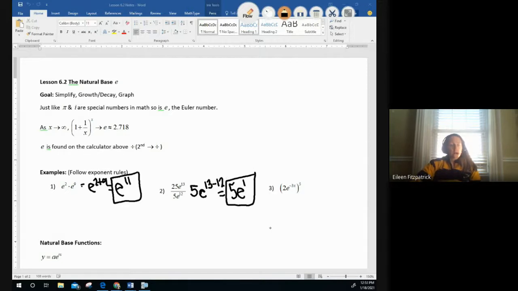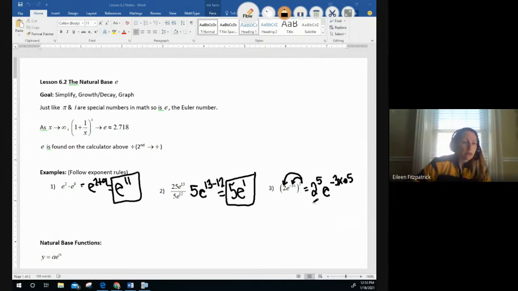All right, the next one, power of a power. Everything inside the parentheses has to be evaluated to the 5th power. So I could rewrite this as 2 to the 5th, and then E to the negative 3x times 5. Multiply the exponents together. All right, 2 to the 5th is going to give you 32. So now I have 32 E to the negative 15x.